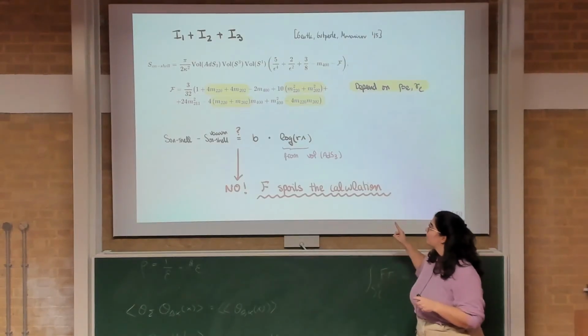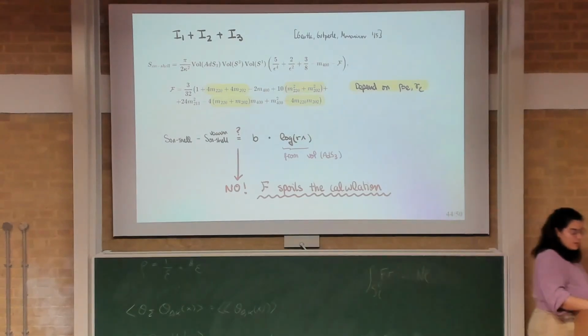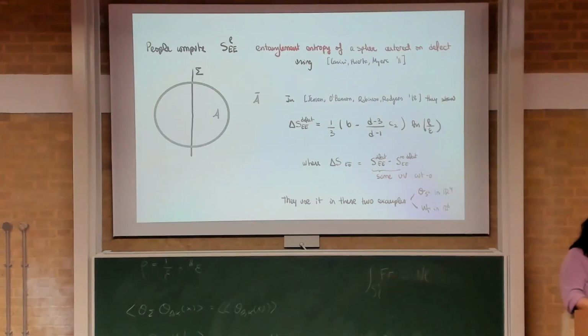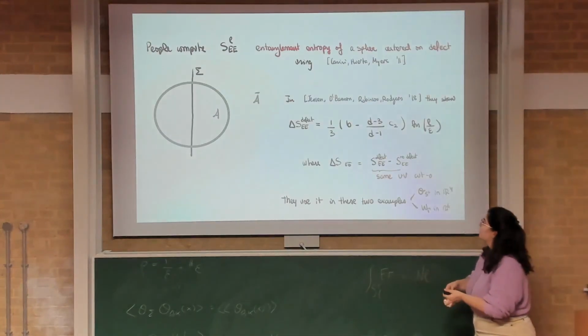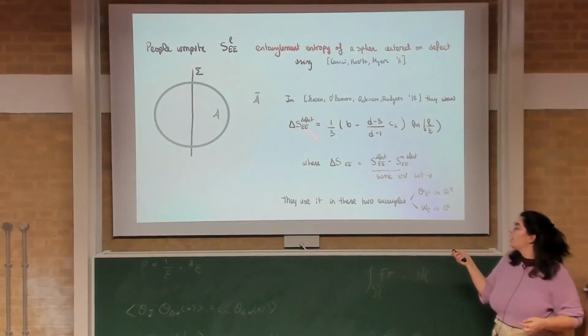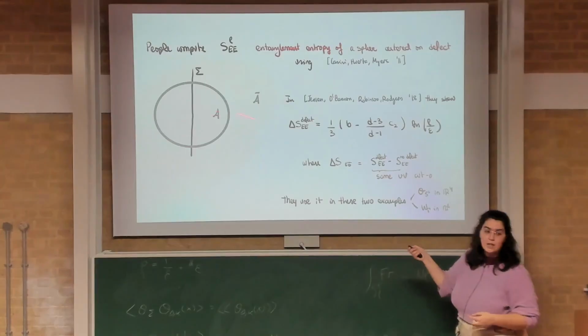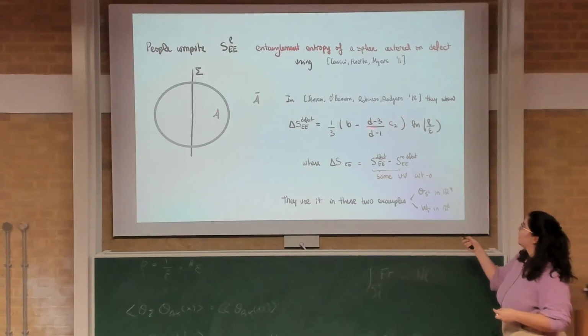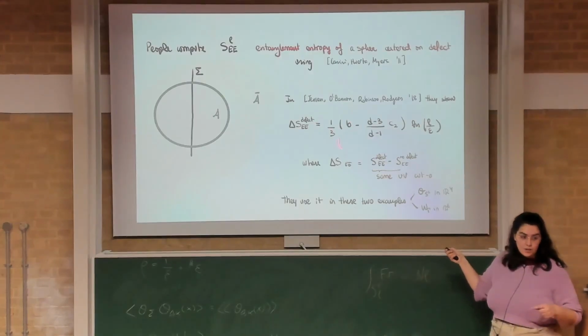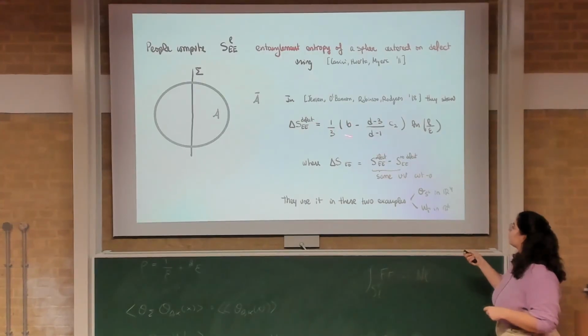For the surface operator, the reason why you know it must be correct is because there is this relationship that I mentioned before between the entanglement entropy and these two conformal anomalies, and these two are known in the field theory.